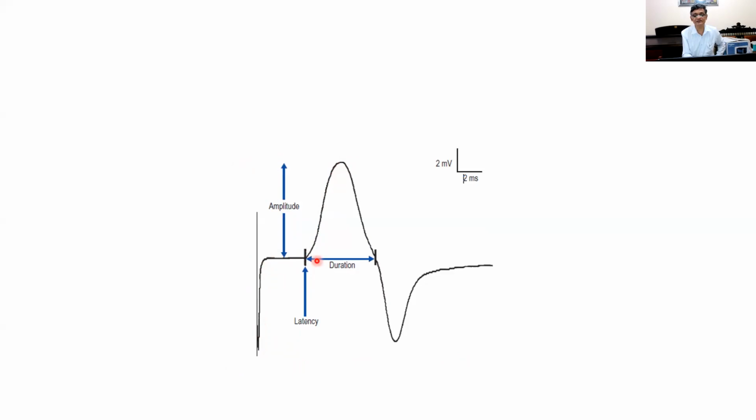From the baseline, how much does it go? And there are other measures, you can calculate the area under the curve, the surface area here. But for general purposes, what we want is identifying the latency and identifying the height, right? Okay.